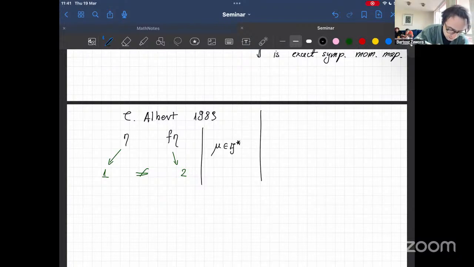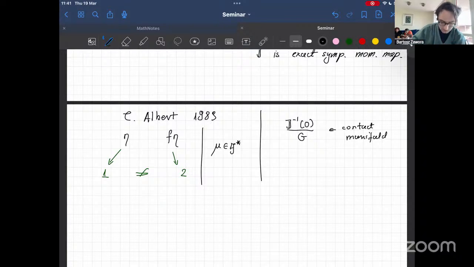Then there were many approaches to contact reduction at the beginning of 2000, and people could prove that if we take the zero level set of a contact momentum map and quotient by the whole G, this is a contact manifold, in the sense that it doesn't depend on the choice of the one-form within its conformal class.